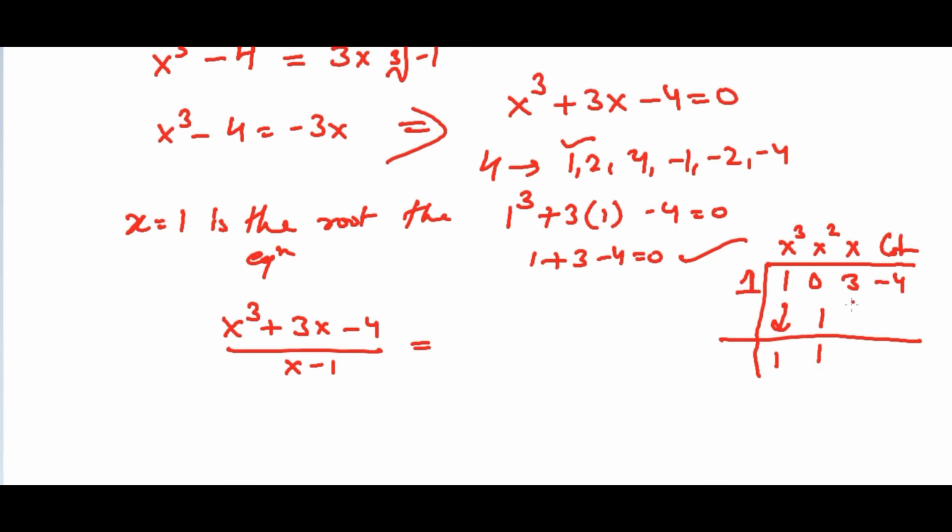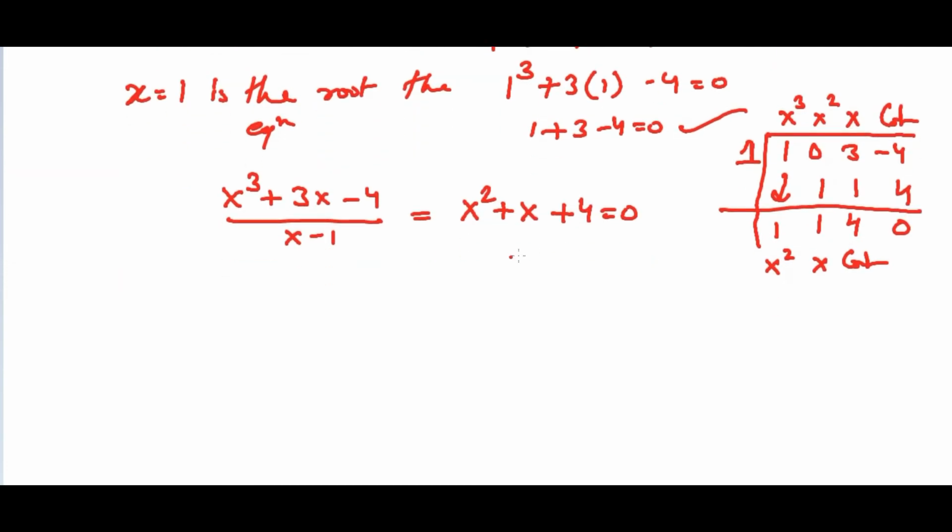1 times 1 is 1, and this is 4, and 4 times this is going to be 0. Now these will become the coefficients of x square, x, and the constant term. So we can write it as x square plus x plus 4 equal to 0. This is the remaining quadratic equation which we get after dividing. How to find the roots of that?